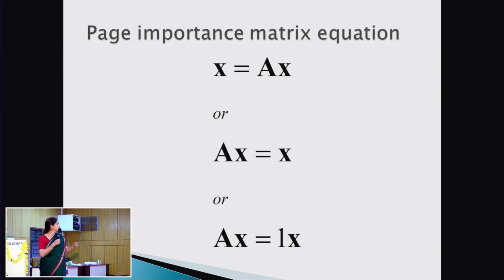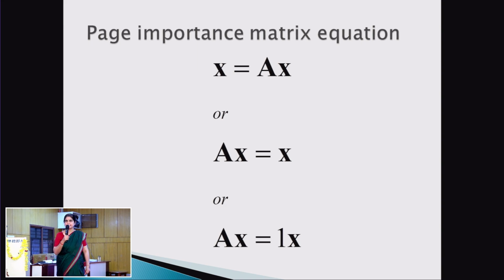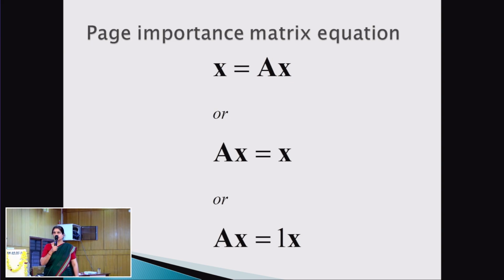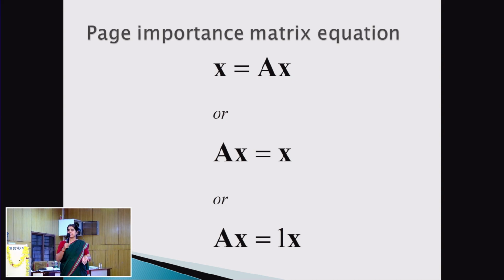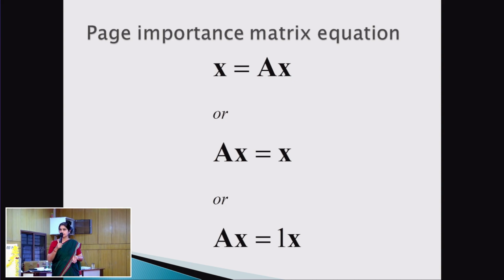But we are more comfortable with Ax equals x, or Ax equals 1x, right? So how will we find x? You have to find the eigenvector corresponding to the eigenvalue 1, right?